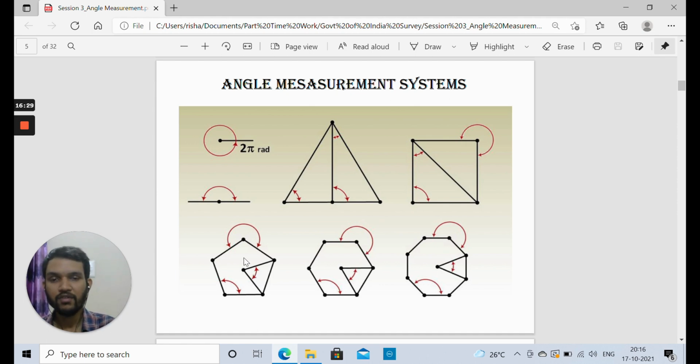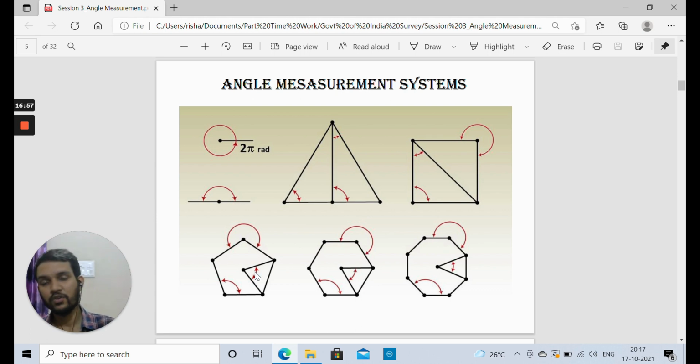This 2 pi angle will be divided into 5 equal parts, so each part will account for 2 pi by 5. If you want to convert it into the degree system, then it is 360 by 5. Now you can easily calculate its value, that will come out equal to 72 degree, or directly in the radian system as 2 pi by 5. So this is how the angle measurement goes for each and every figure.